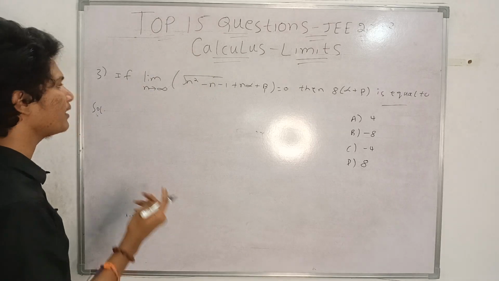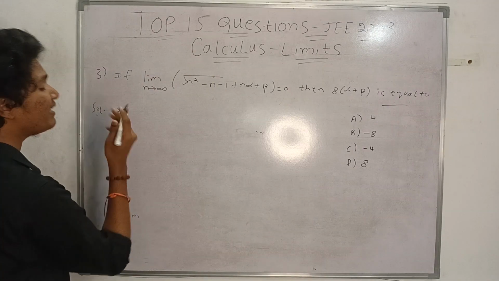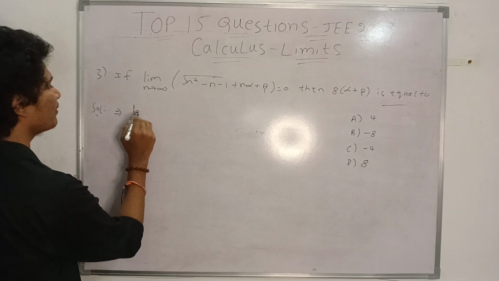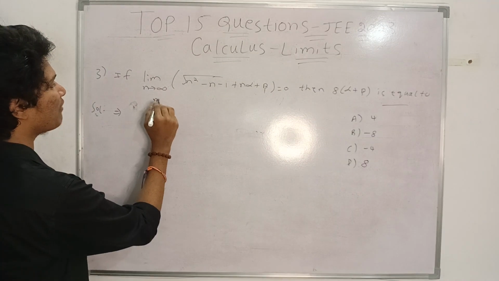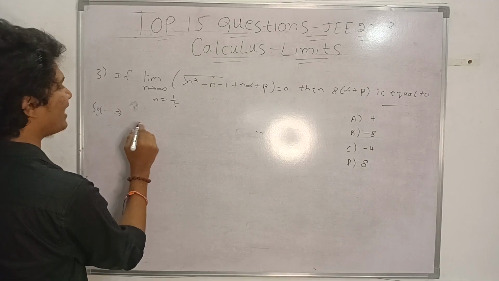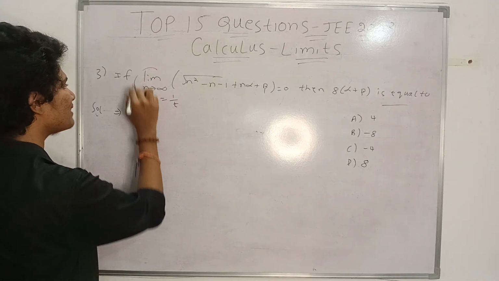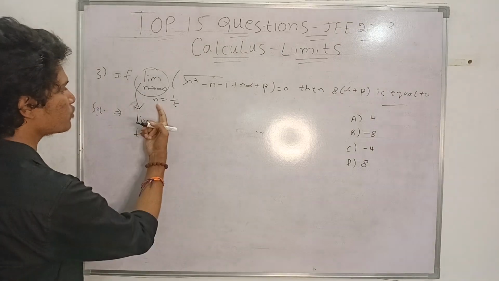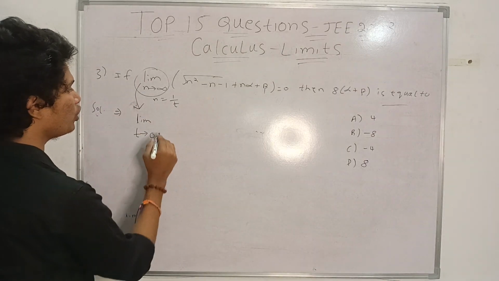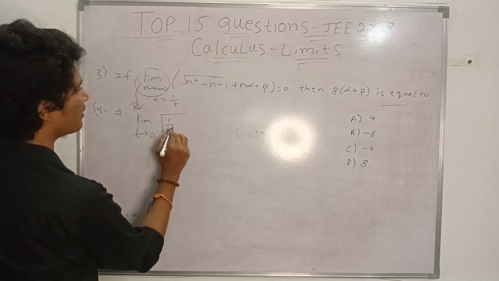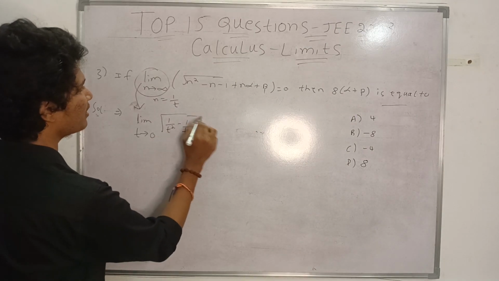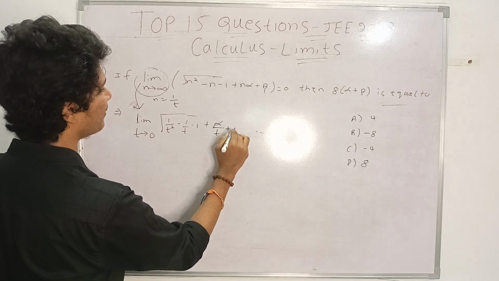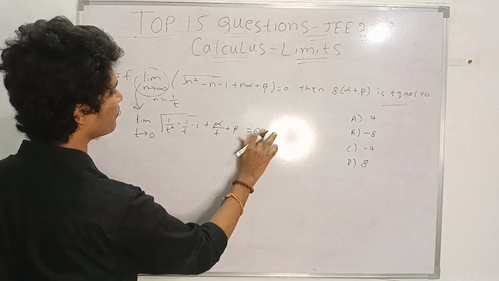2023, in that chapter, when the limit is given as n tending to infinity, you can directly substitute n equal to 1 by t and change this limit into limit t tending to 0. Substituting n equal to 1 by t, you will get root of 1 by t square minus 1 by t minus 1 plus alpha by t plus beta equal to 0.